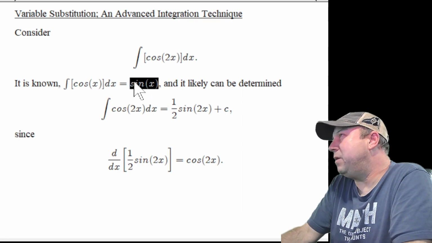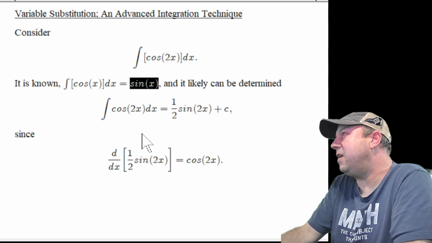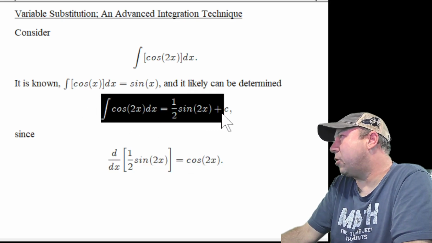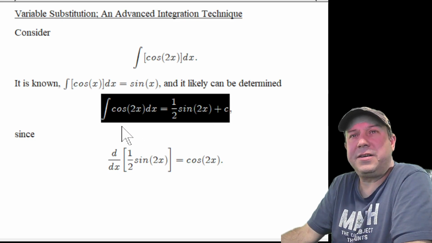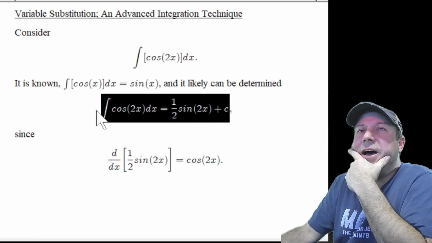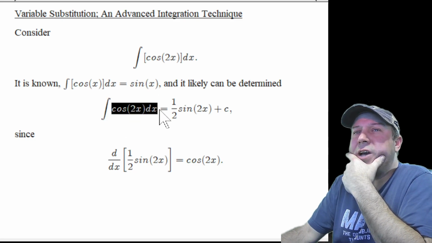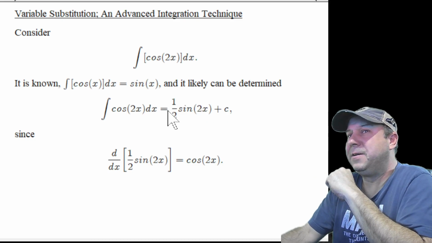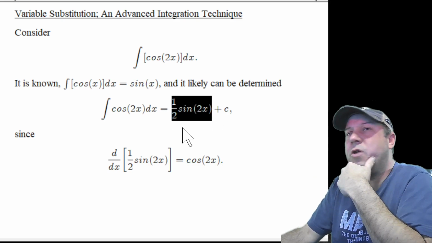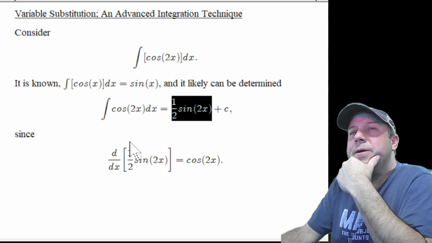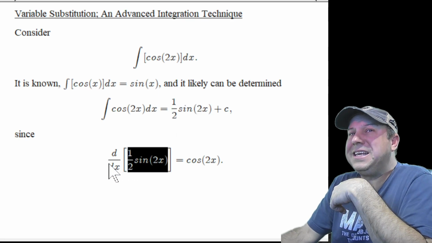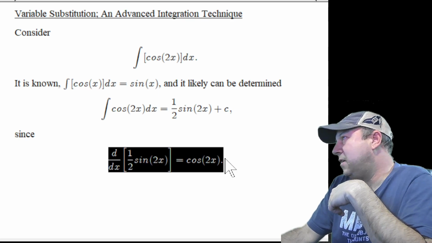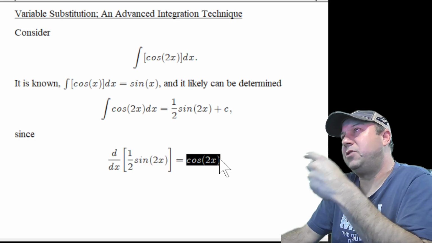And from a little bit of knowledge about that antiderivative and what we know about differentiation, we could determine with a little hard thought that the antiderivative for the cosine of 2x could be written as 1/2 sine of 2x plus c. The function 1/2 sine of 2x is our antiderivative because its derivative with respect to x would yield the cosine of 2x from some chain rule.